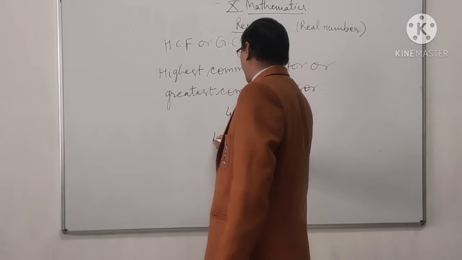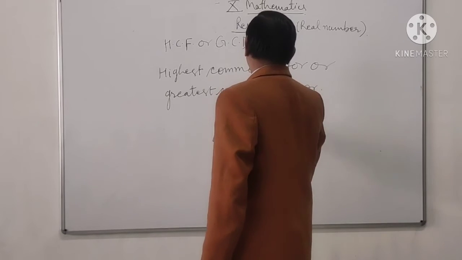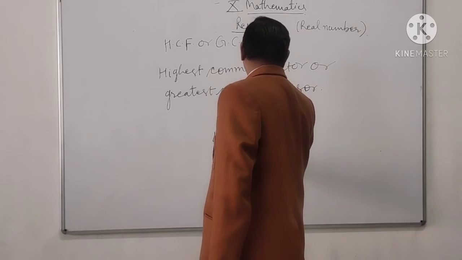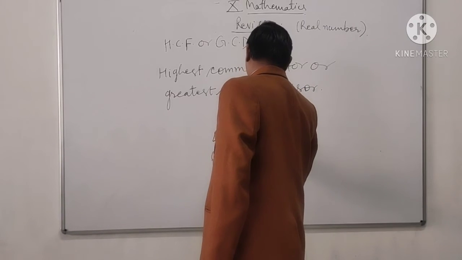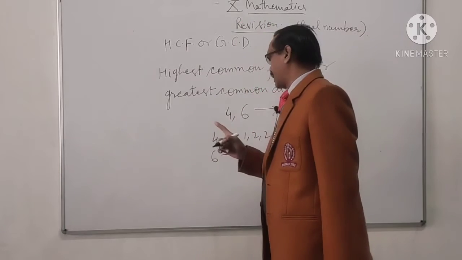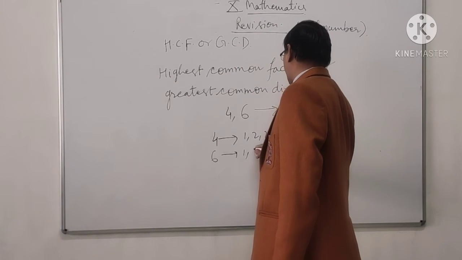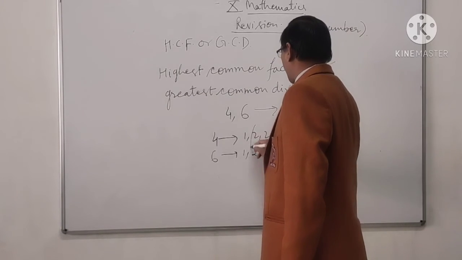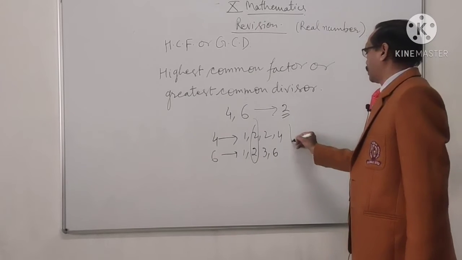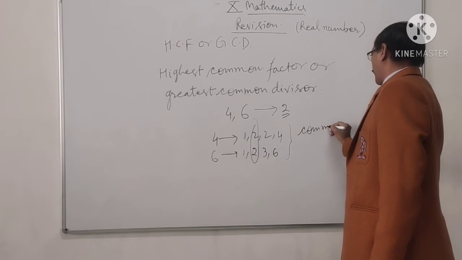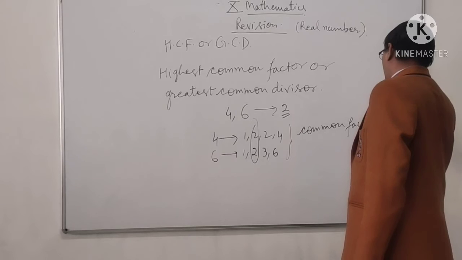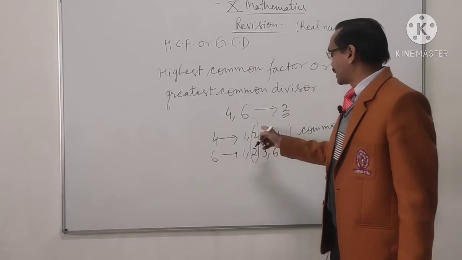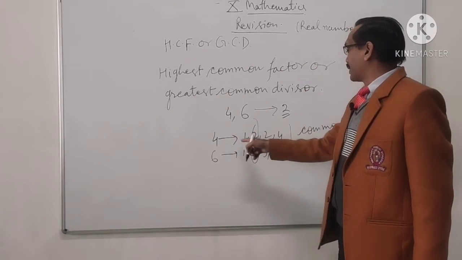Or if we find the factors, the factors of 4 are 1, 2 and 4. Then the factors of 6 are 1, 2, 3 and 6. 1 is a factor of all numbers. Let us find the common factor. The common factor is 2, and students, it is the greatest also, because there is no other number which is a factor of both.